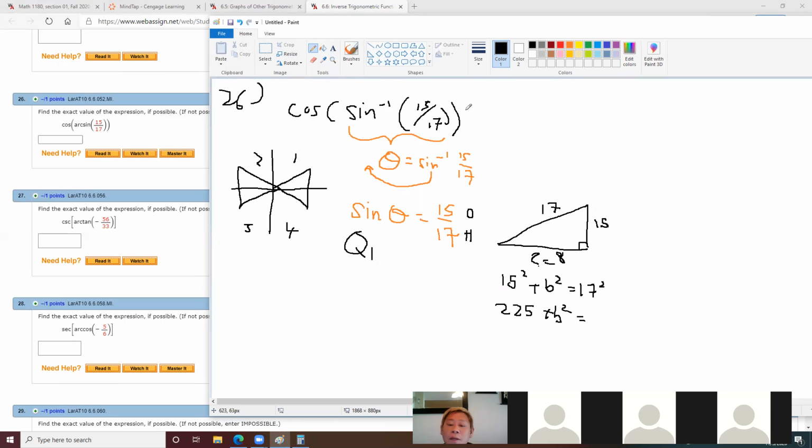Now what you do here is, this whole thing is replaced by theta, so we are doing cosine theta. What is cosine theta using SOHCAHTOA? Adjacent over hypotenuse. And what is the adjacent and hypotenuse in this case? 8 over 17. So your answer is 8 over 17.